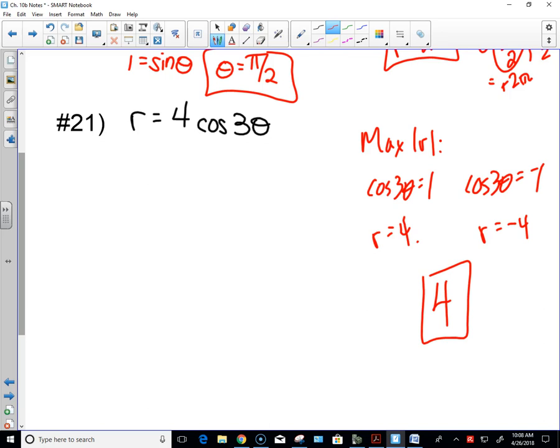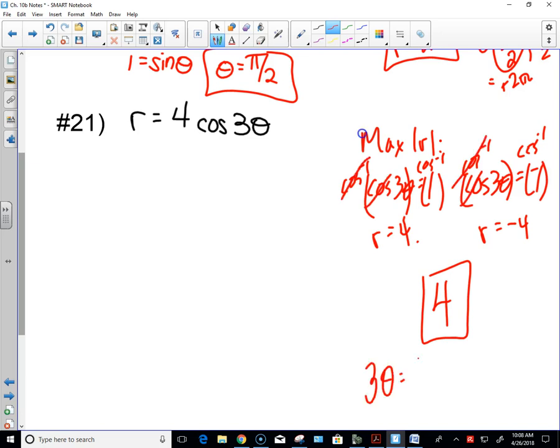And it's -1 at pi, so I have 0, pi, 2 pi. So I'm thinking that 3 theta needs to equal 0, pi, or 2 pi.